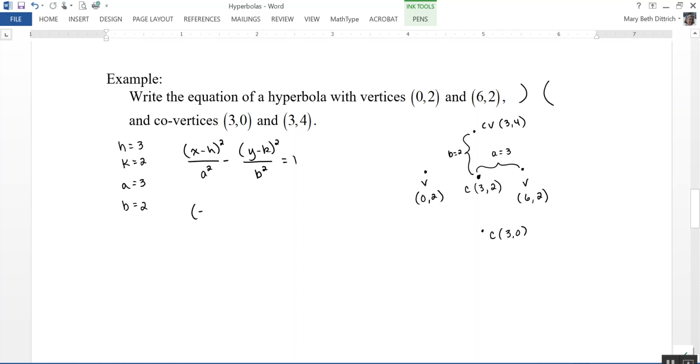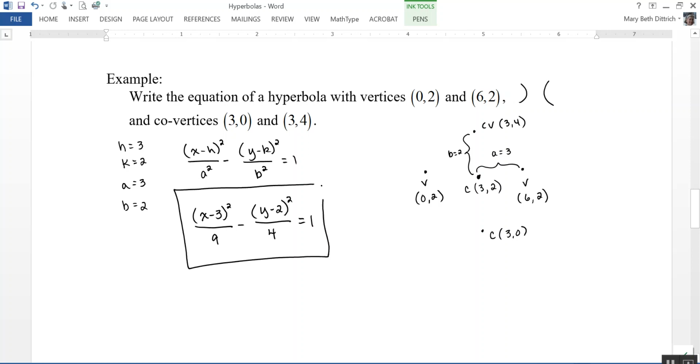So x minus 3 squared over a squared, which is going to be 9, minus y minus 2 squared over b squared, which is going to give me 4, equals 1. So that's the equation of a hyperbola that has vertices at 0, 2, and 6, 2, and covertices at 3, 0, and 3, 4.